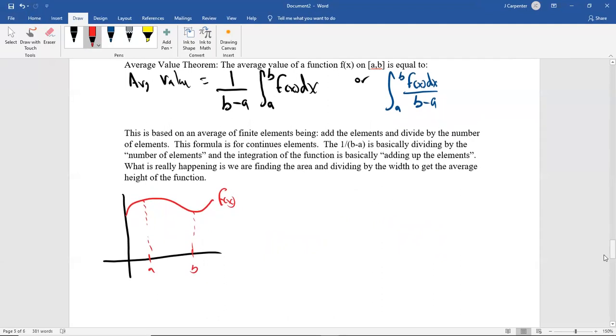There we go, perfect. We know the area is equal to the integral from a to b of f of x dx. This area right here.